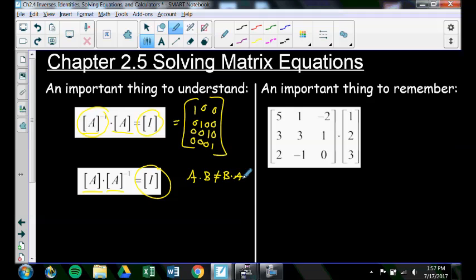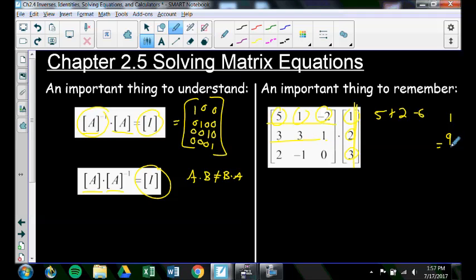And let's just quickly refresh how to do matrix multiplication. We're going to do this row onto this column. So that's 5 times 1 is 5, 1 times 2 is 2, negative 2 times 3 is negative 6, and I add those up and I get 1. Then I'll do this row into this column, that's 3 plus 6 plus 3, which is 9.